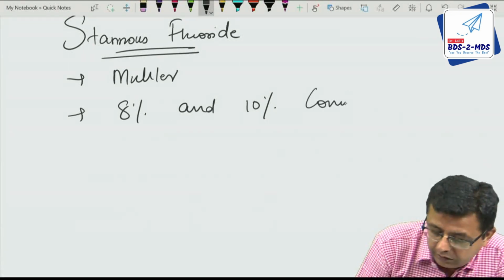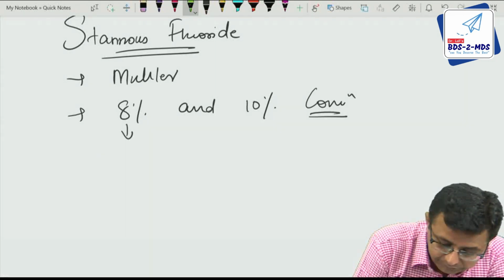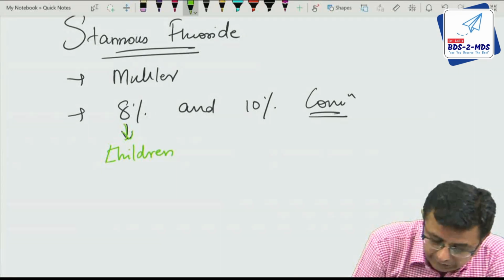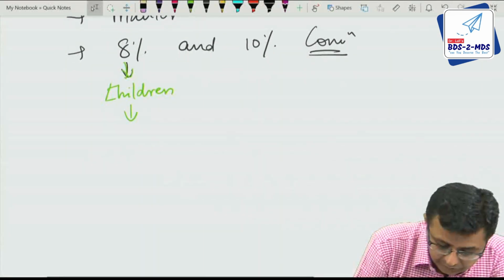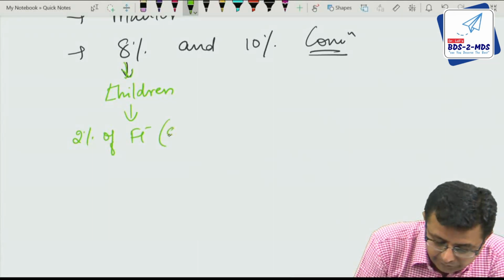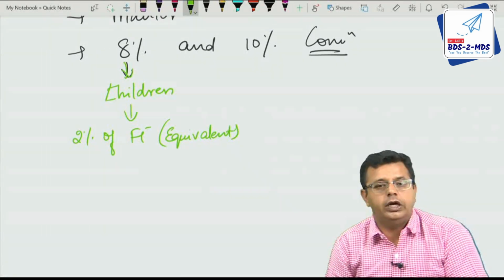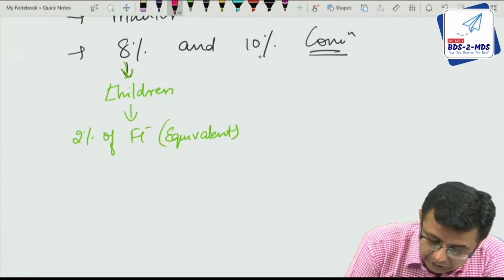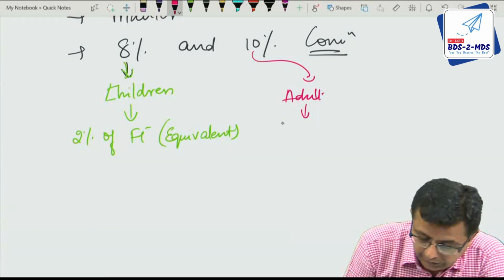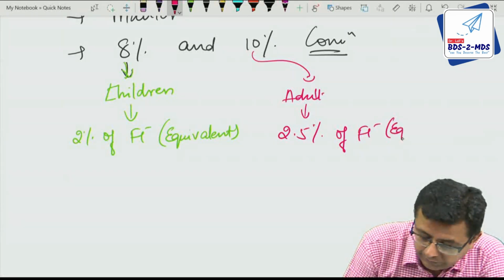The 8% is for children and it contains 2% of fluoride. Even though it is called 8%, it is equivalent to only 2% of fluoride, whereas 10% is used for adults and it contains 2.5% of equivalent fluoride.